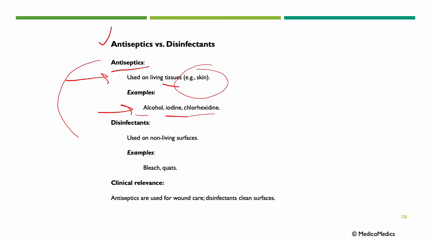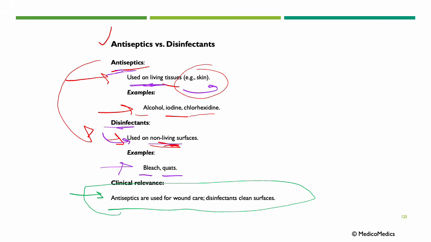Compared to antiseptics, we have disinfectants, which are stronger and meant for cleaning surfaces like floors and countertops, etc. So they are used on non-living surfaces. Again, antiseptics are for living tissues like skin, on humans. Disinfectants are used on non-living surfaces. Examples include bleach and quats. And clinical relevance: antiseptics are used for wound care and disinfectants for cleaning surfaces.